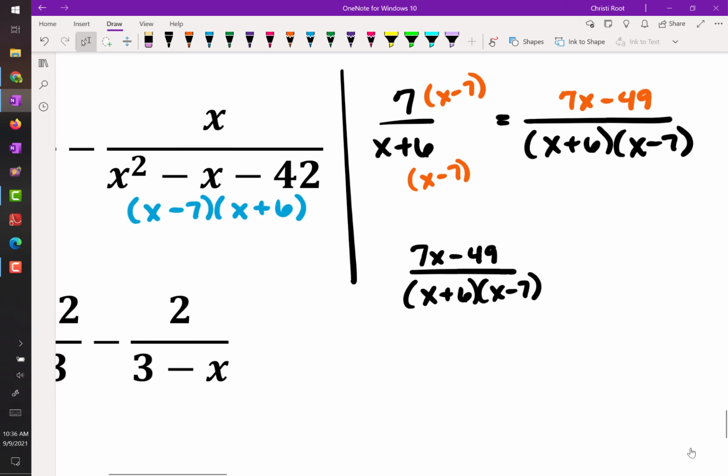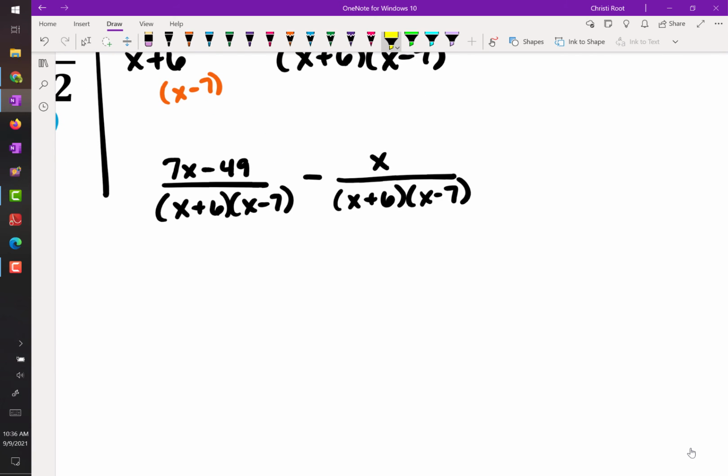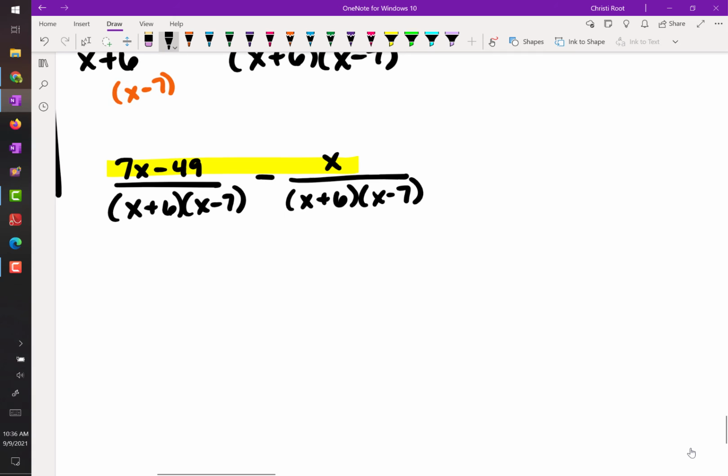Okay, this is a subtraction problem, but I didn't need to change it. I just have that one term on the top. Okay, so now that I have equivalent denominators, or the same denominator, I'm going to subtract across.